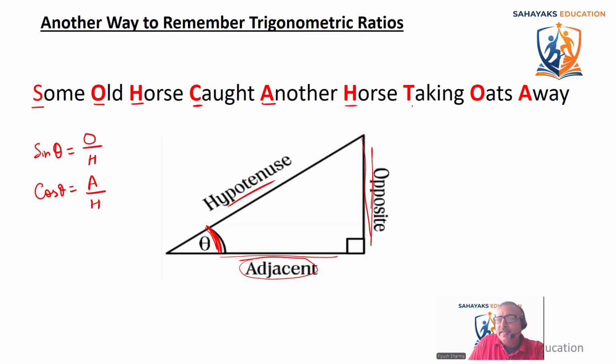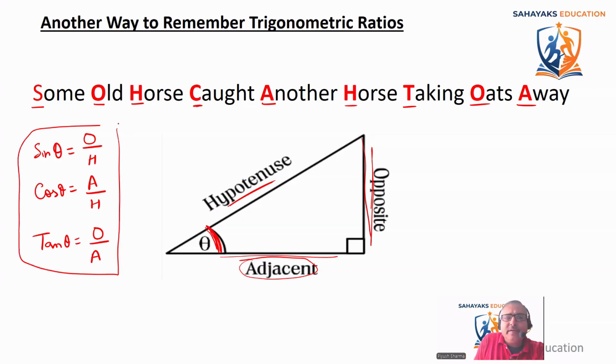And then we have taking oats away, TOA. It is tan theta is equal to opposite side divided by adjacent side. So this is one way of remembering the ratios. You might have definitely created some funny way of remembering things. Well and good. But if you have not, you can use any of those.